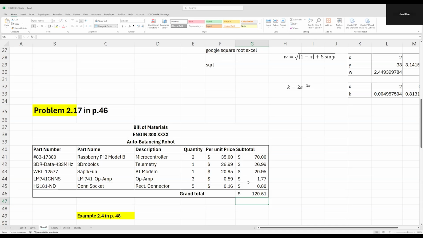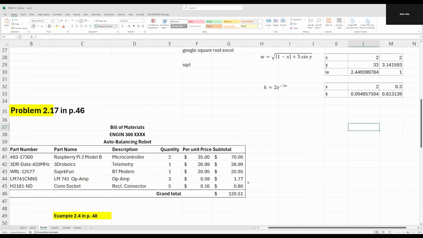And now we would like to try this relative and absolute cell address. This is one of the most important parts that you guys will need to understand. This is probably the first part where students get a little bit confused about Excel.